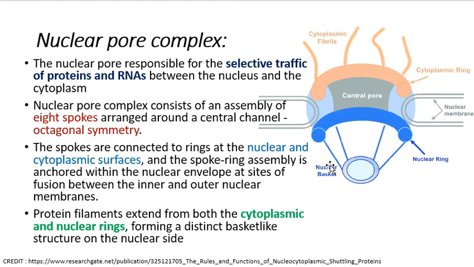So this picture is a cut section of the nuclear pore. The spokes are connected to rings at the nuclear and cytoplasmic surfaces, and the spoke ring assembly is anchored within the nuclear envelope at sites of fusion between the inner and outer nuclear membranes.